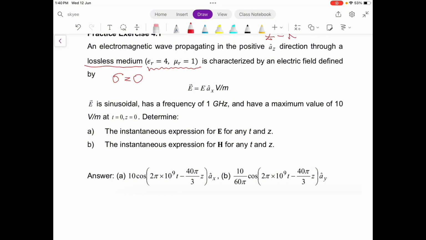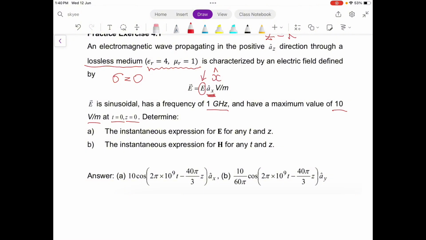So this one represents the amplitude. And this one, no, not amplitude, represents the equation of the electric field, and this one represents the direction of the electric field, which is in the x direction. The question tells us that the frequency is 1 gigahertz and the maximum value is 10 volt per meter when t is 0 and the position z is equal to 0.